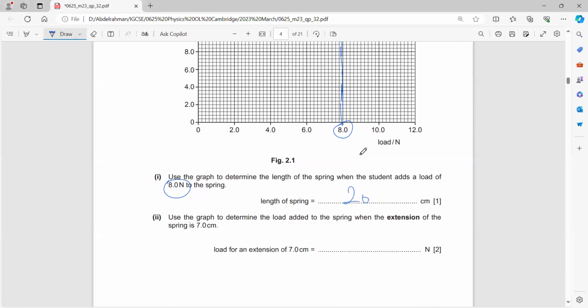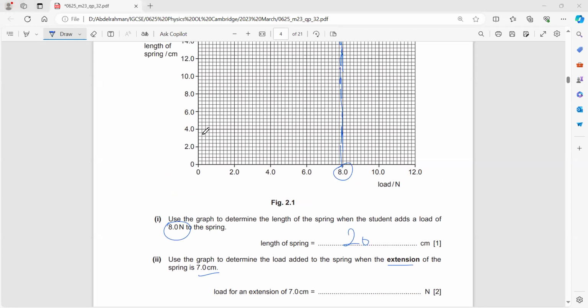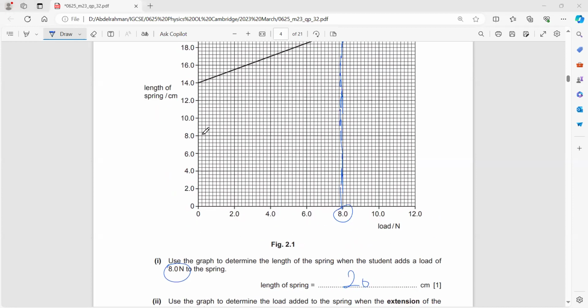Use the graph to determine the load added to the spring when the extension of the spring was 7 centimeters. Tell me. Do we need to draw the horizontal and vertical lines for the extension? Preferably yes. You should draw the line.